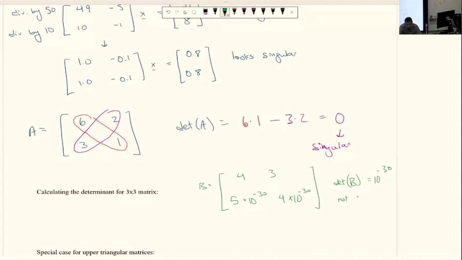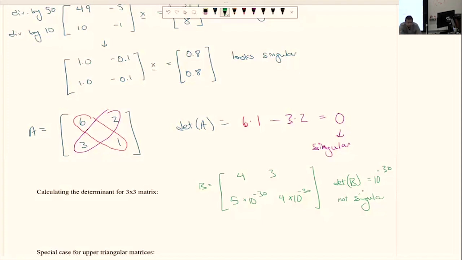So it's not singular. In other words, its determinant is not 0, but it's super small, right? And so if you try to put this into MATLAB, it will give you a warning. It'll say your matrix is close to singular or badly scaled. And so it's ill-conditioned, right?